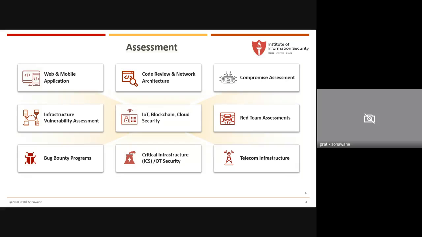This could be the level of damage it could do. So telecom infrastructure becomes very important. How the entire infrastructure is set up, how the policies and procedures are placed in it, and how you secure it, is all what you do in telecom infrastructure security.